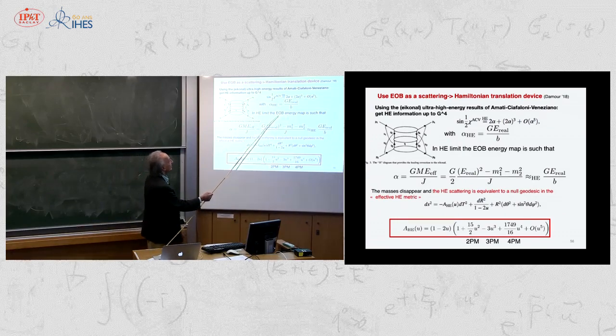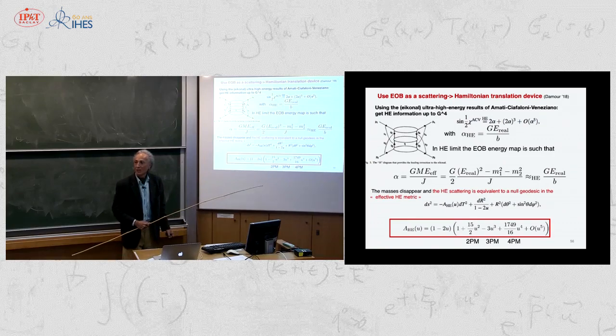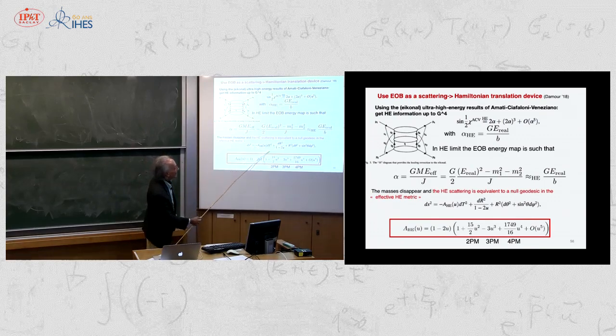When you do that, I have shown recently that the quantum result of Amati, Ciafaloni, Veneziano is equivalent to an effective one-body description at ultra-high energy, which is given by this metric, which is a conformal metric. It's in a conformal class.